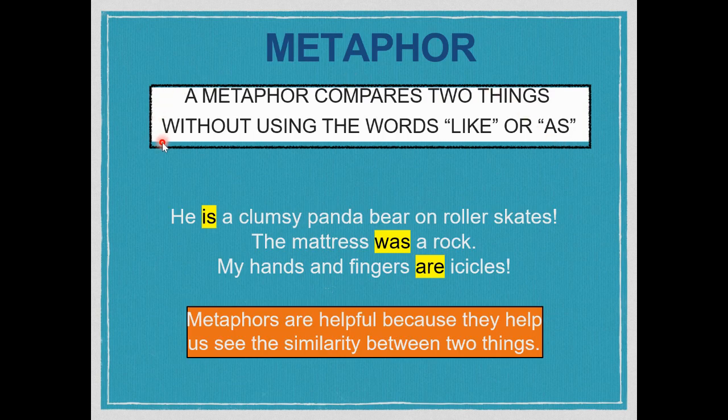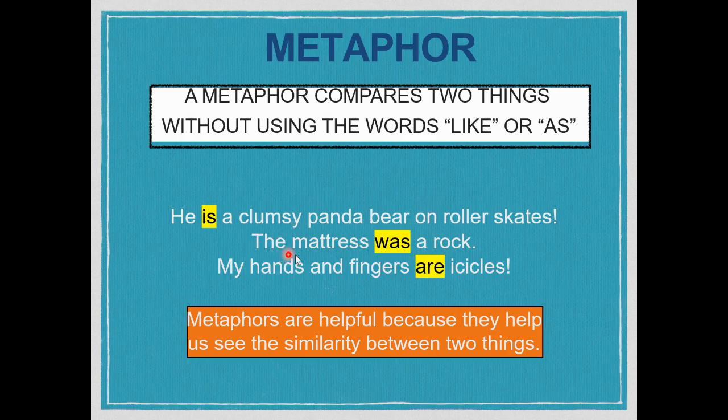Metaphors are not using the words like or as. Okay. So now instead of saying he's a little clumsy, like a panda bear on skates, now we're saying he is a clumsy panda bear. That's how awkward and clumsy this guy is, right? It's a more extreme version.